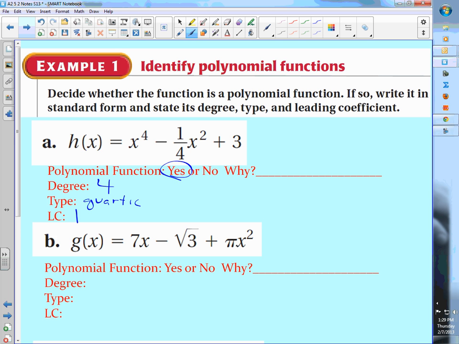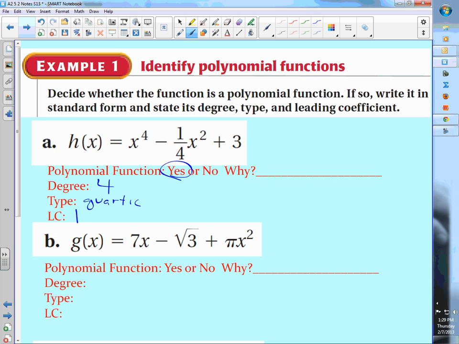And more important than the fact that it's a 1, that it's a positive 1. So like in the honors classes and in this class, when we're doing our graphing, I want to know what's the degree, is the leading coefficient positive or negative? And then we'll talk about roots and then behavior after this.